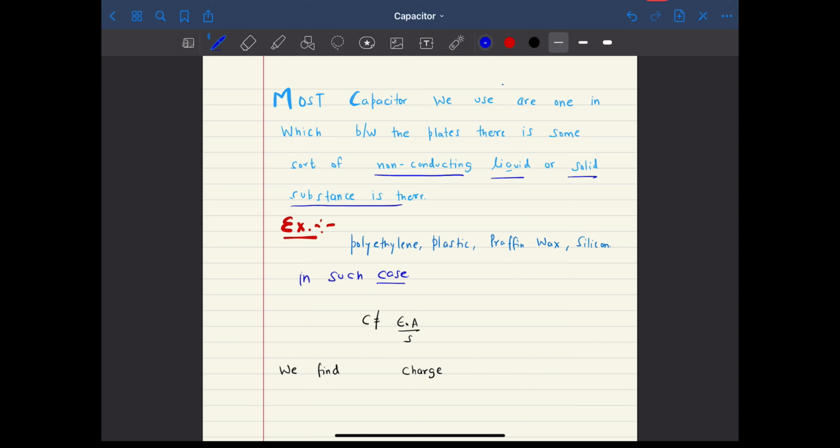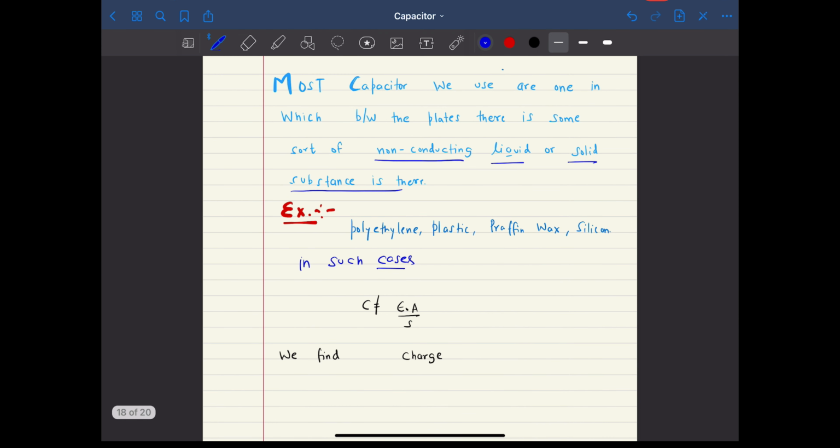now capacitance won't be equal to epsilon naught A upon the distance between the plates. In such cases, we find that more charge will be stored on the plates.